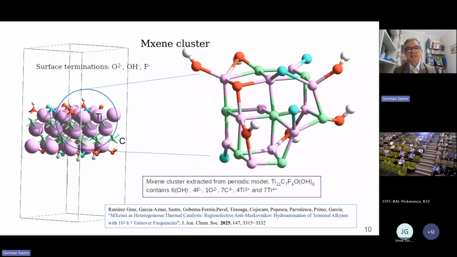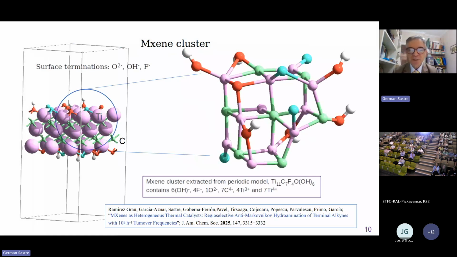Now we are using a cluster instead of periodic DFT, but then the cluster was carefully obtained from the MXene, so that we have a good balance between titanium coordination and oxidation states that you can see here. Titaniums, all of them would be 3 or 4 plus.